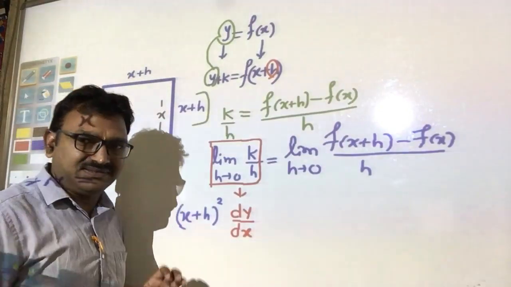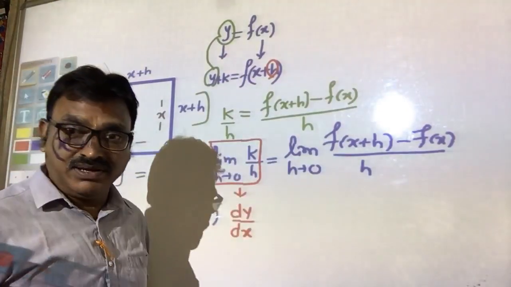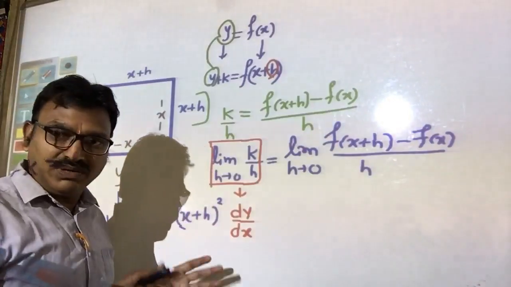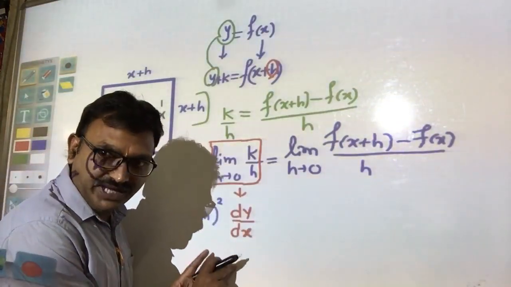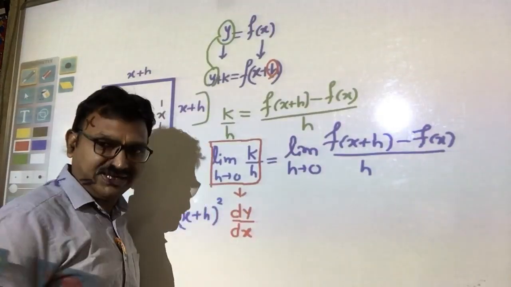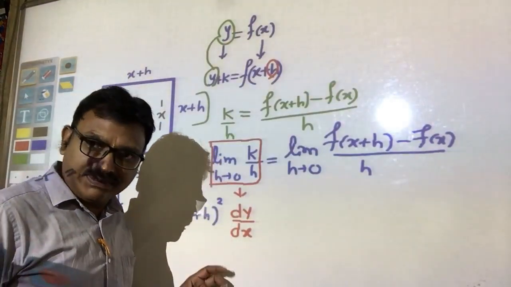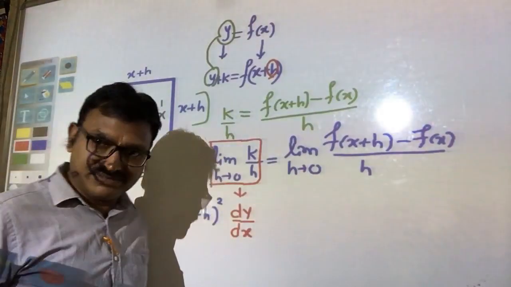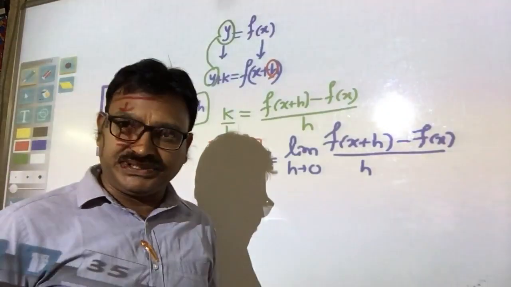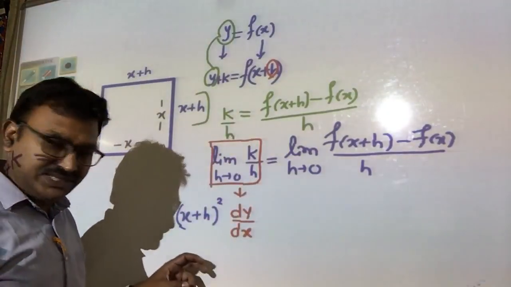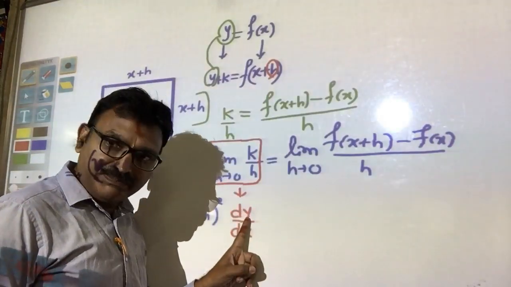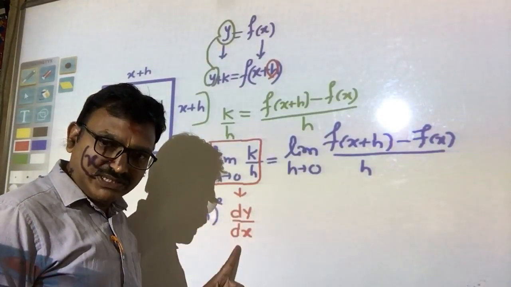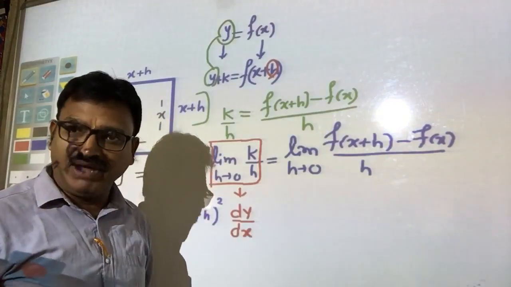It is our main topic this year, because the calculus portion starts from here. Differentiation of y with respect to x. It is not pronounced as dy by dx in a strict sense, though generally we pronounce it so, but actually this is the differentiation of the dependent variable with respect to the independent variable.